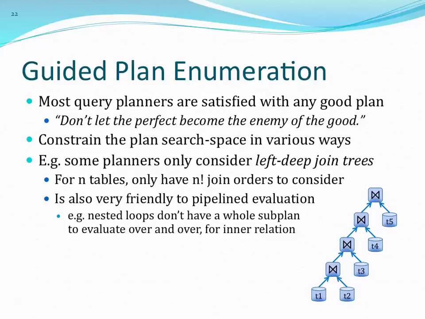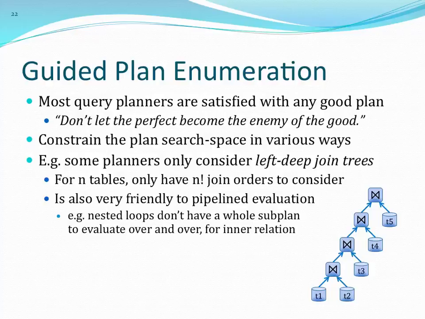Now, if you had a select subplan, you might have that as a right node, if your planner wasn't smart enough to combine that in some way. But in general, my joins are only going to have a subplan on the left, and if they can, tables on the right. And for nested loops, this is really nice because you don't have to mark and reset, or primarily just reset, subplans and reevaluate them if they're on the right side of a join. So this is kind of nice.